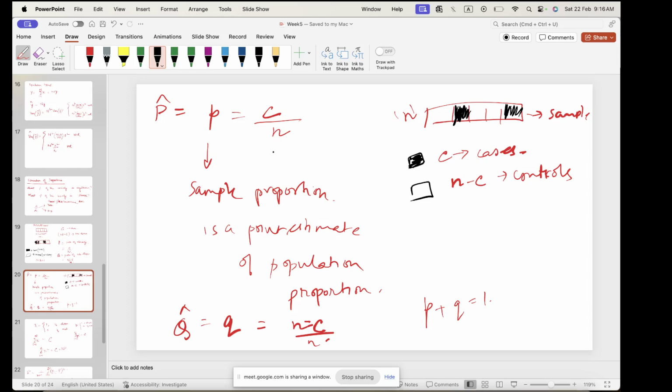And this sample proportion would be an estimate of the true actual population proportion.